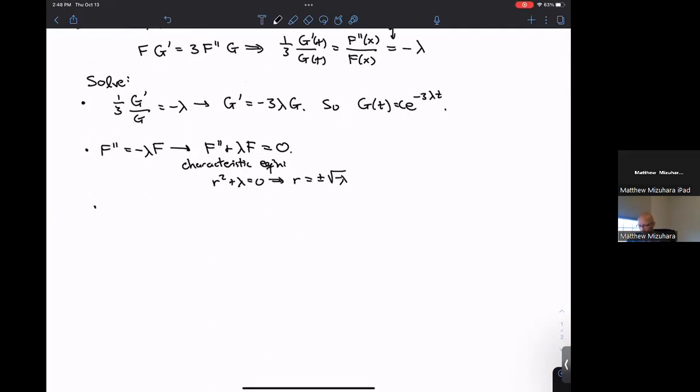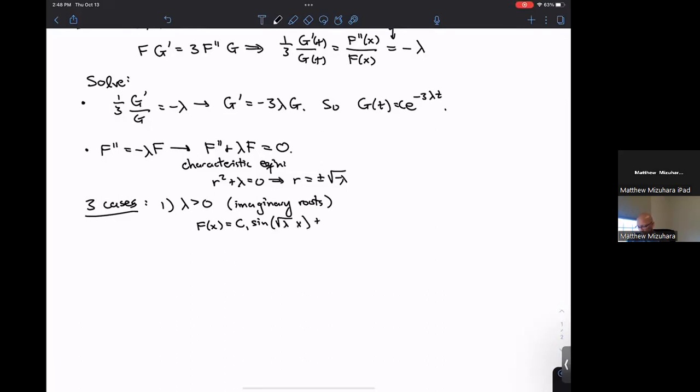So let me say there's three cases. Case one, if lambda is positive, this is when I have imaginary roots. In this case, like we did in class already, the general solution should be sines and cosines, right? So C1 sine of root lambda x plus C2 cosine of root lambda x.